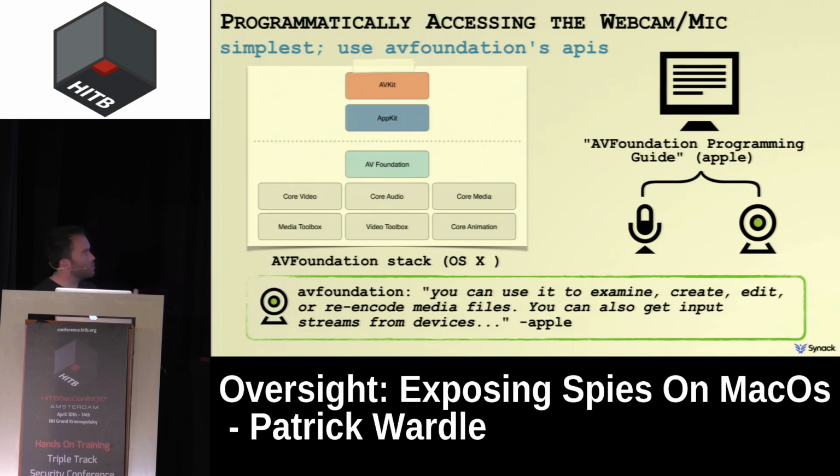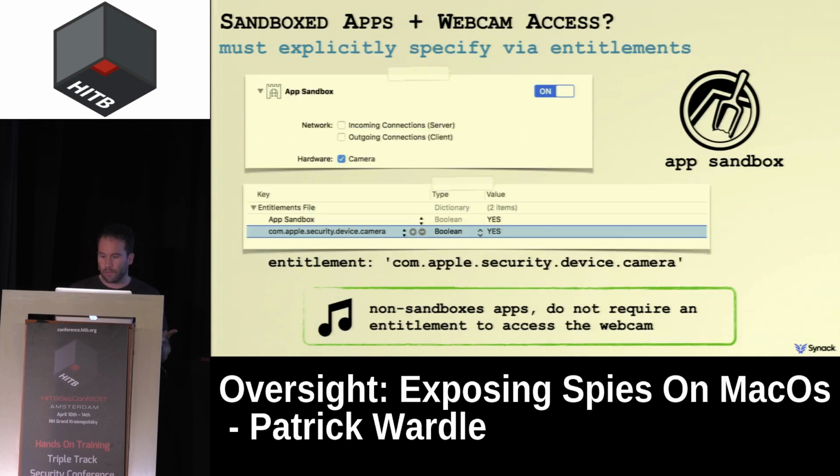As the slide shows, you can see it sits in an interesting place in the software stack. It's below the application level, but above some of the older, more lower-level complex frameworks. So it's in a really good position because it's high enough in the stack that it's able to abstract out a lot of the details, but it's also low enough that it's pretty powerful. So what can we use the AV Foundation for?